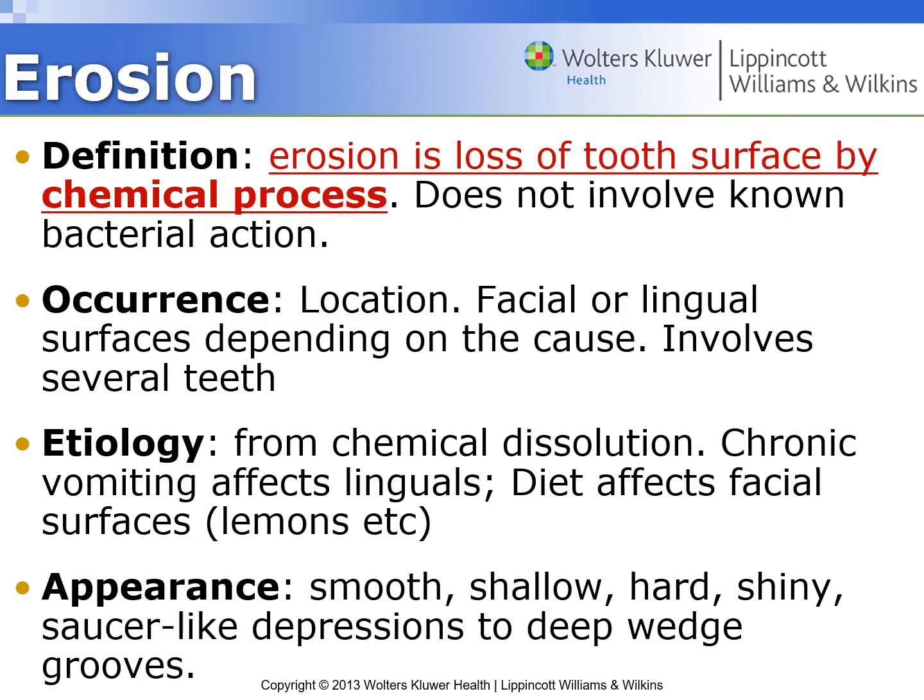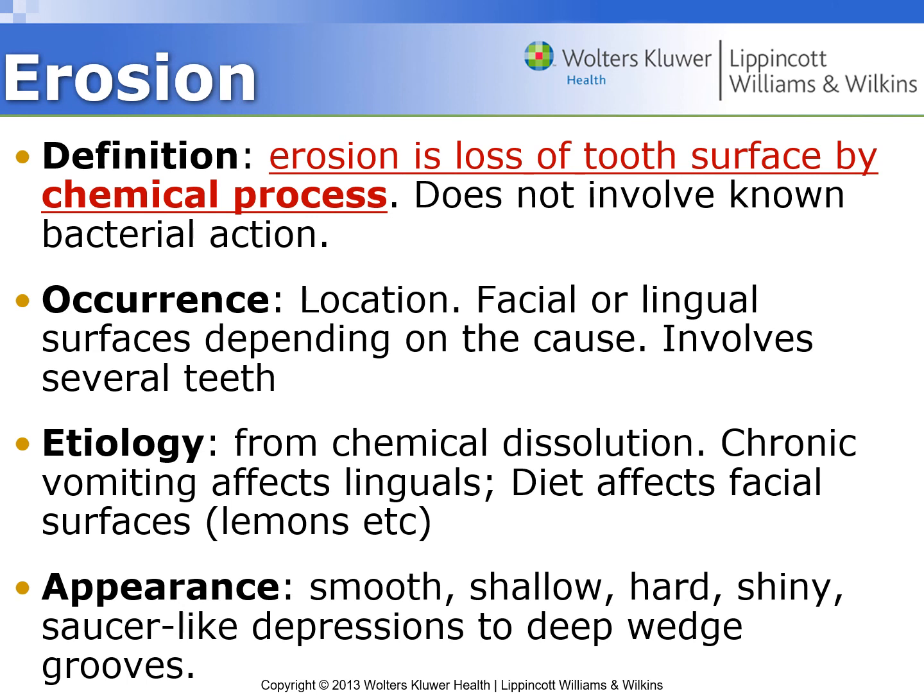So let's go to erosion, which is another type of enamel loss that doesn't have anything to do with cavities. Erosion is a loss of tooth surface by a chemical process. So it doesn't involve bacteria or anything like that. It's chemical, mainly acidic things.